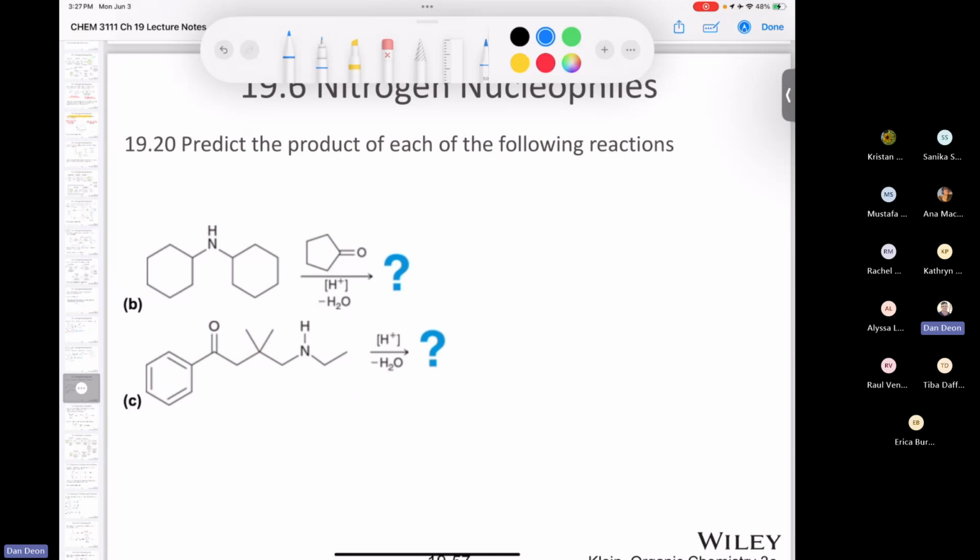And now in this one, we have a secondary amine and we have a ketone. And so we're not going to form an imine, we're going to form an enamine. So what's our enamine going to be like? Well, let's draw the ketone. Okay, so here's our ketone. I'll show you how I would do it, okay? Here is our secondary amine, okay, like this.